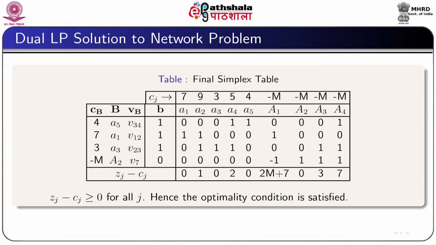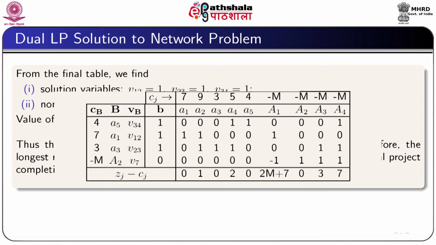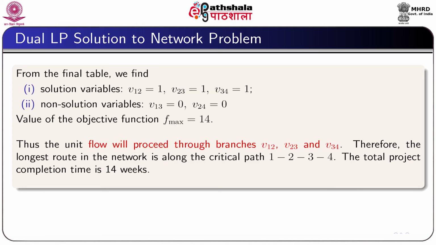And from the final table, we read the solution as v12 equal to 1, v23 equal to 1, v34 equal to 1, and the non-solution variables are v13 equal to 0, v24 equal to 0, and the value of the objective function f max is equal to 14.